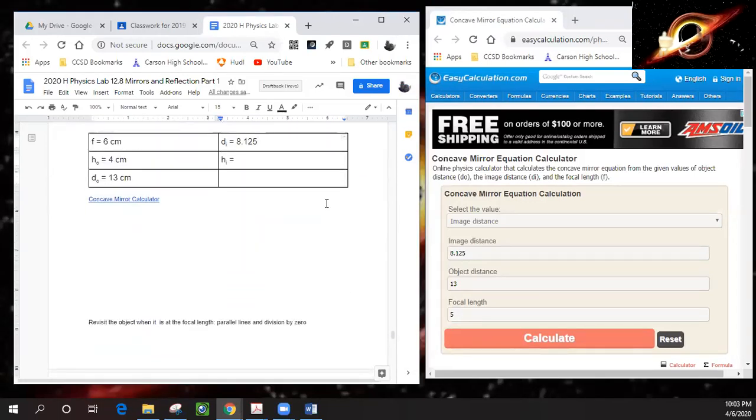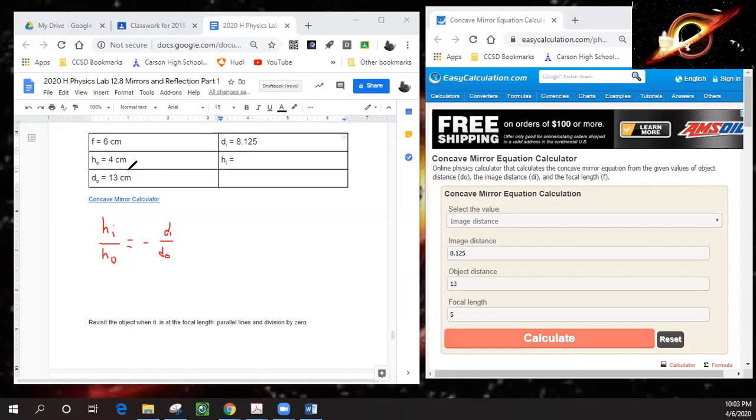Let's go ahead and do that here. So for the height, we should do just a little bit of calculation. This says HI over HO is going to equal negative DI over DO.